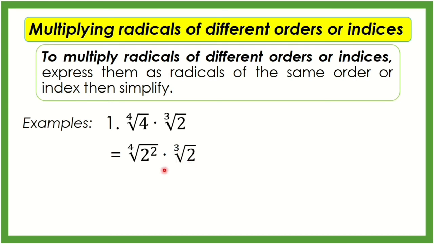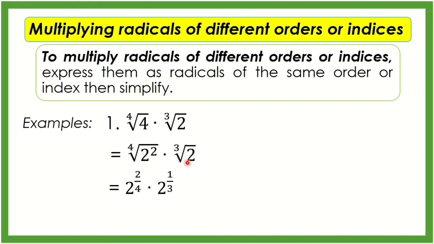And then, i-write natin into exponential form. Ang fourth root of 2 squared, pag sinulat natin into exponential form, that is equal to 2 raised to 2 over 4. Yung exponent ng 2, yun yung magiging numerator, and then yung index, yun yung magiging denominator.